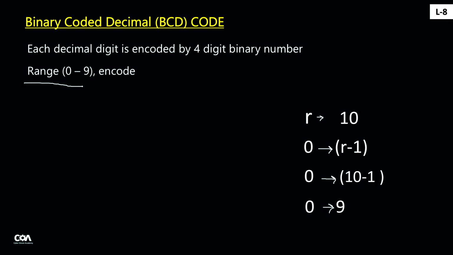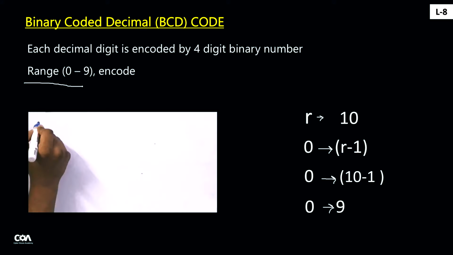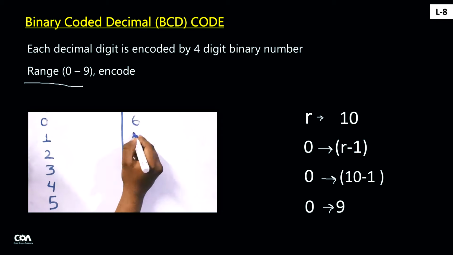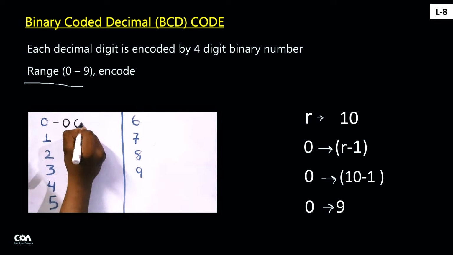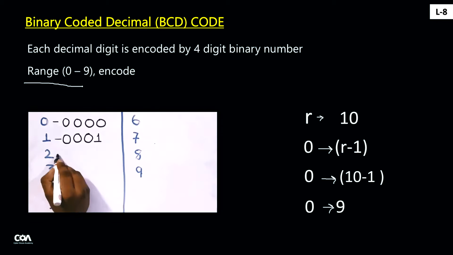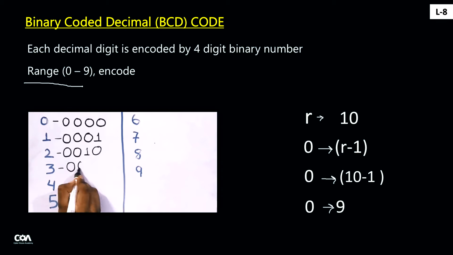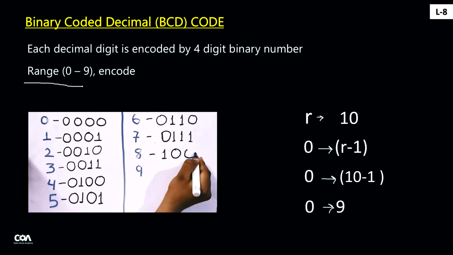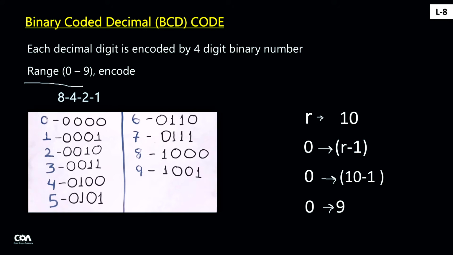Now we will write down the BCD code for decimal digits. Here you can see what we will do: we will write the numbers from 0 to 9, and then write down the equivalent binary number of each decimal digit from 0 to 9. Here you can also see that all binary numbers are 4 digits, which is basically the position weight.